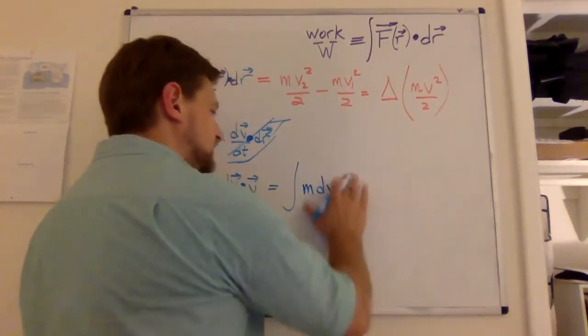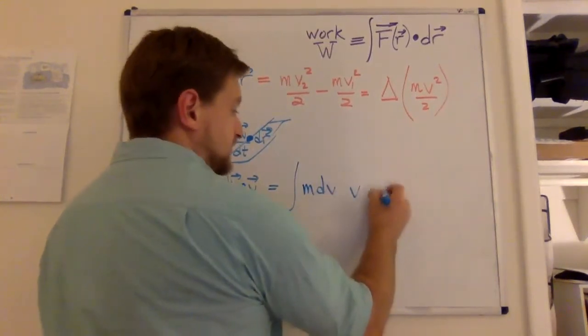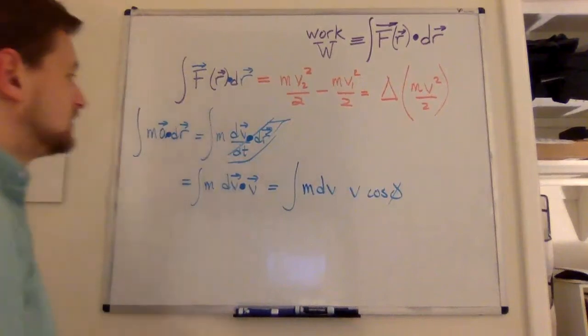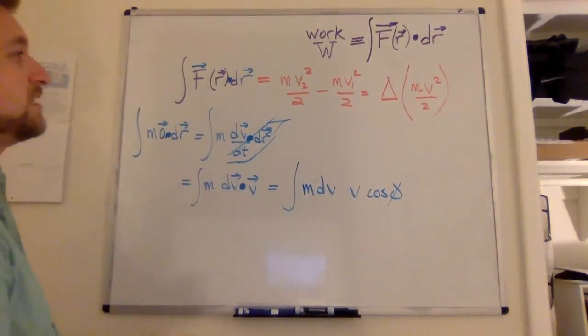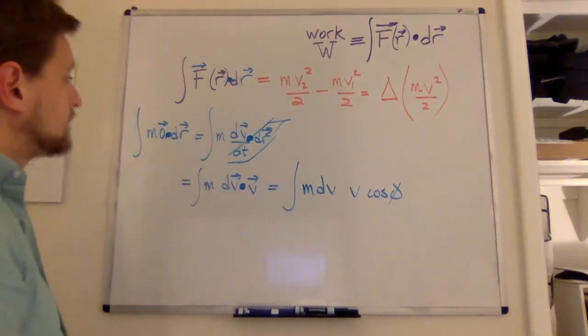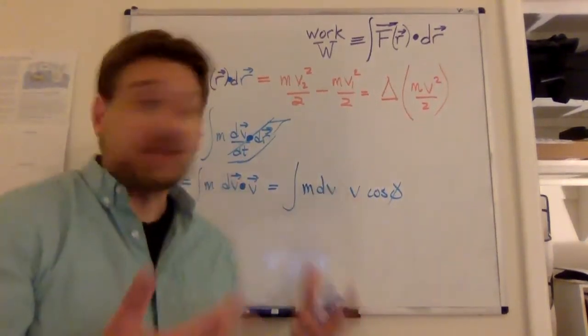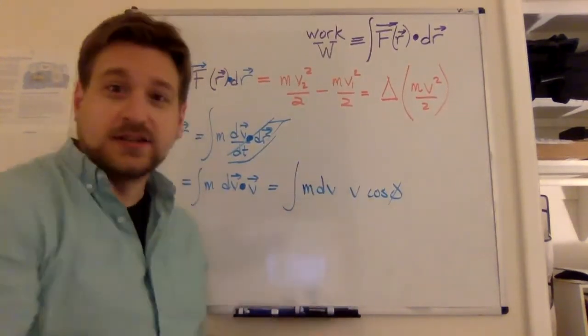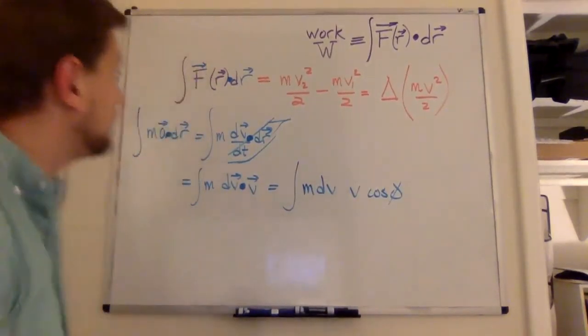So it'd be dv times v times the cosine of the angle between them. I don't like that at all. Maybe I was right to think about it in just x. See, this is the thing, right? We made up work, and now we've got to chase through it. Okay, how does this behave? What should I do? How do I work with this?